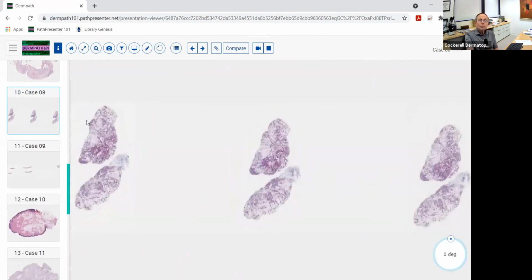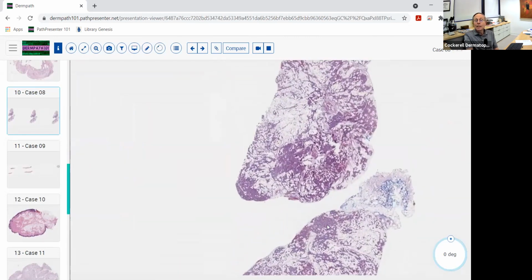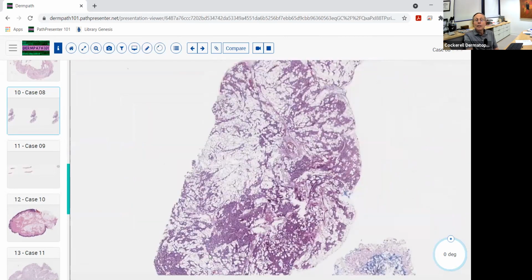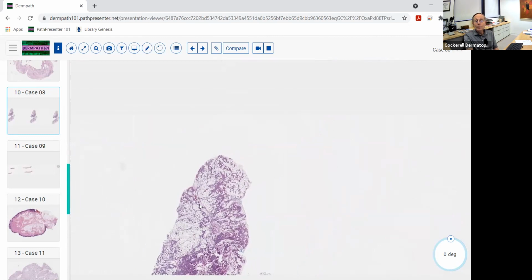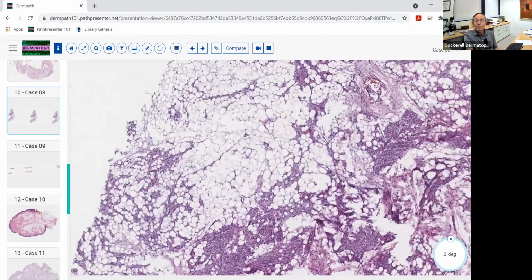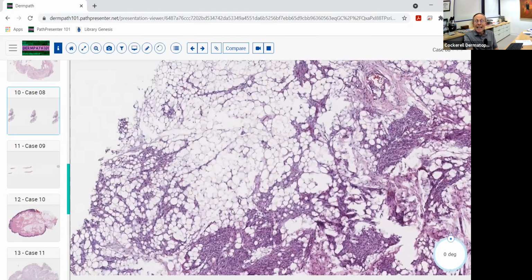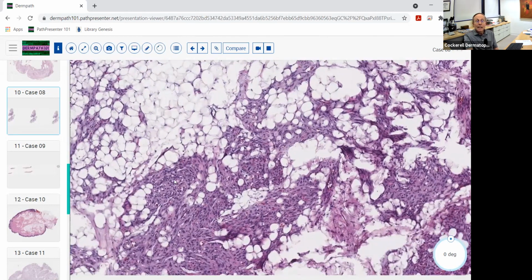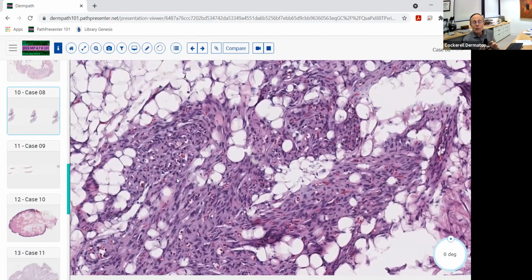Okay. Sometimes you biopsy a lesion that's, again, in the family of the painful tumors. And notice here we've got a lot of normal fat, but admixed with that, we see these vascular areas with it. And it sort of looks like a lobular capillary proliferation without any inflammation to it.